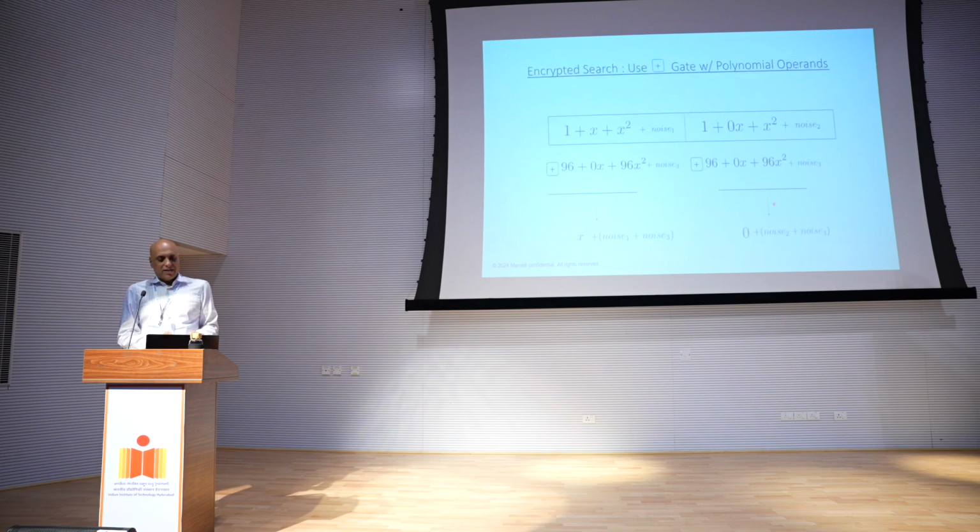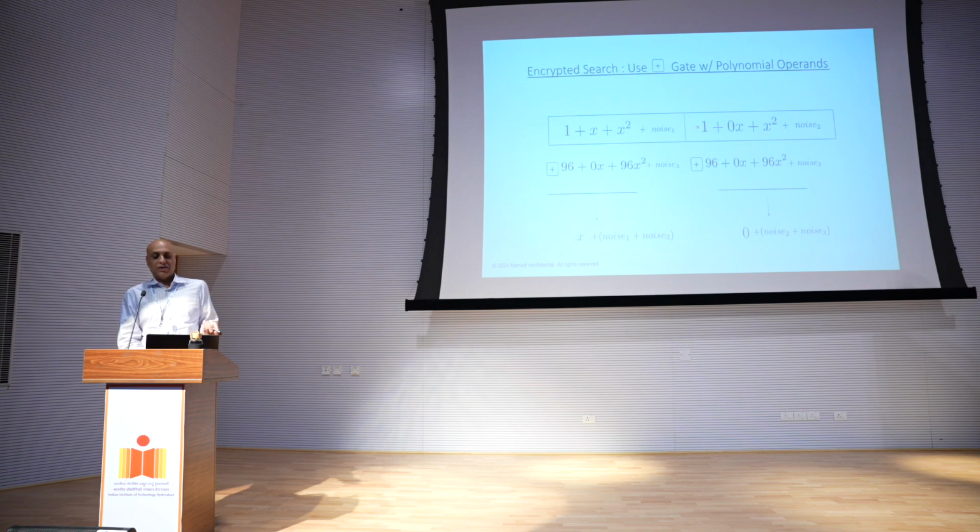Okay. So now we can use this blueprint to actually do encrypted search. What we're going to do here is take a pattern here and a pattern here. This is our target array, and we want to look for this polynomial, this pattern, in this encrypted array.